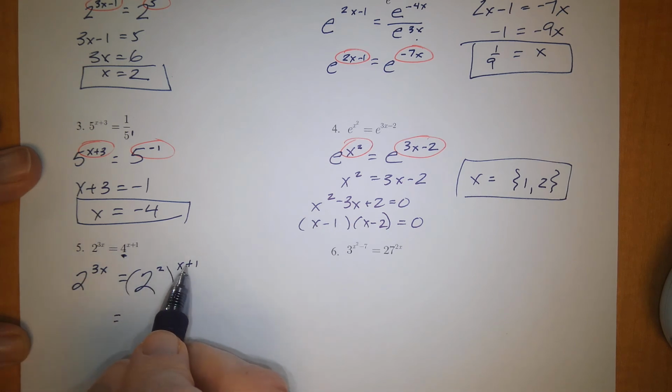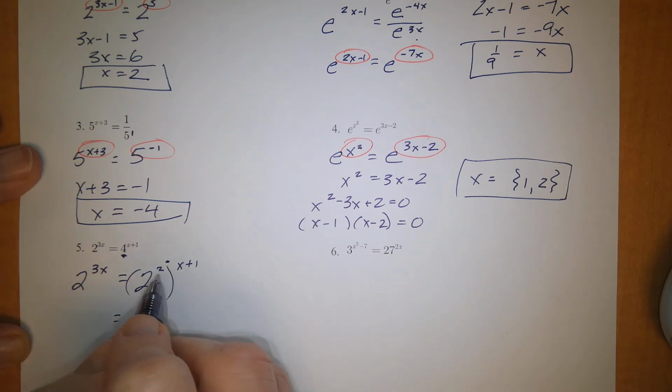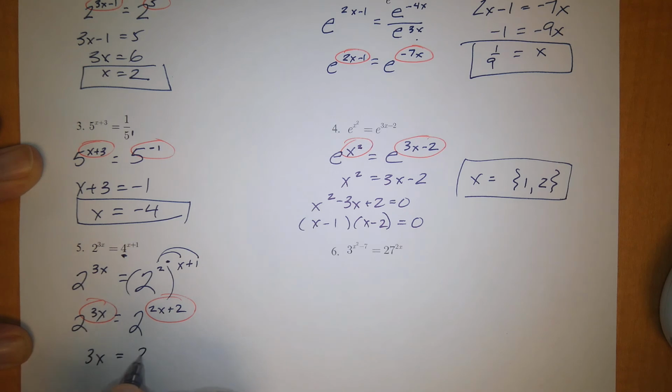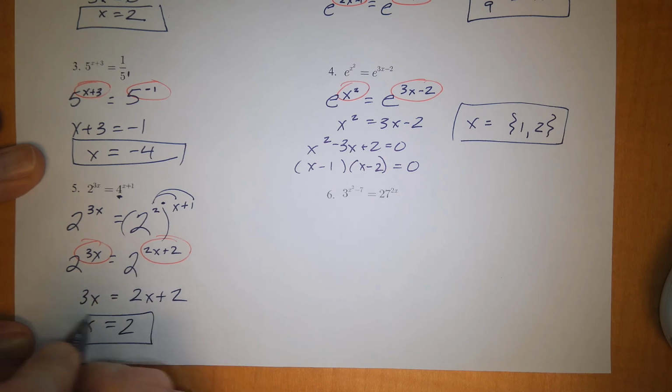A power raised to a power means we multiply those two powers together. So that means that 2 has to get distributed. So this becomes 2 to the 2x plus 2 power. Then I can simplify by setting their exponents equal to each other. And subtracting 2x, I get x equals 2.